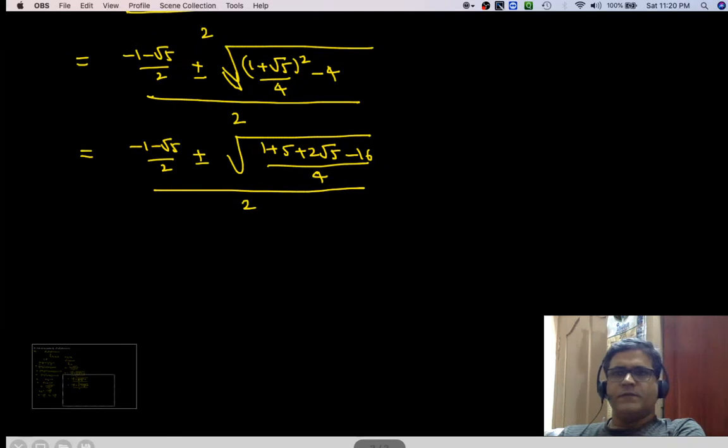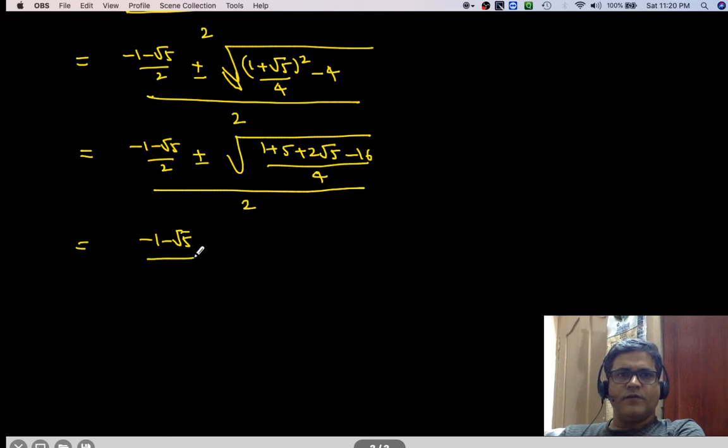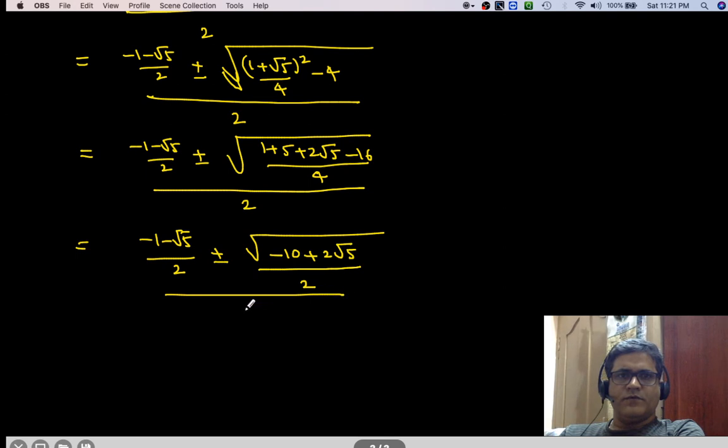So this is equal to (-1 - √5)/2 ± √(6 - 16), that is √(-10 + 2√5), over √4 which is 2, over 2.